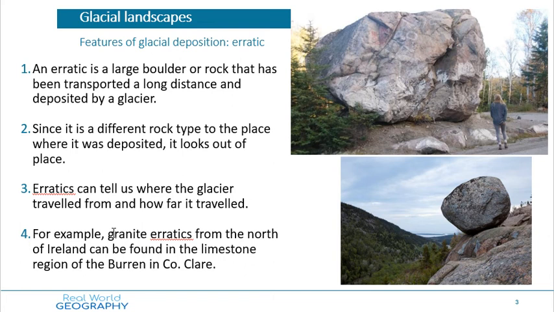A glacier would have picked up bits of granite in Northern Ireland, and as the glacier moved, it eventually deposited those bits of granite in the Burren, County Clare. So an erratic is a rock that's out of place, that's been picked up in one area and dropped somewhere where it shouldn't be. Very straightforward, and that's our final feature of glacial deposition.